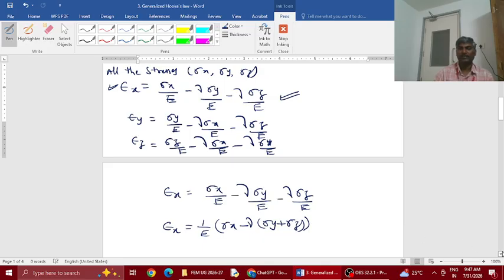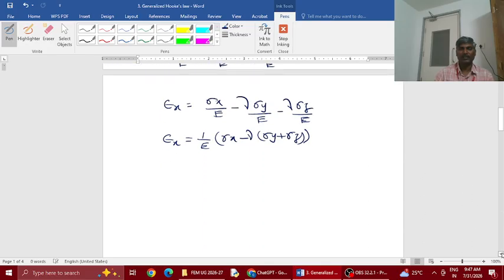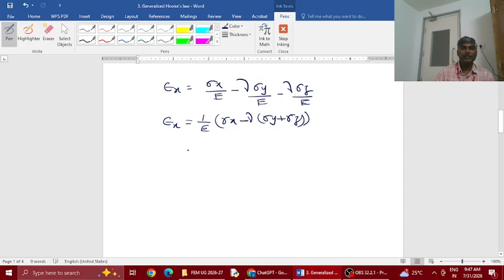This is the expression that I get. Now you know from the basic strength of materials concept that the sum of the normal stresses is a constant. So let us give it a symbol, capital theta. The sum of all three normal stresses acting on a body is constant, so let that constant be theta.